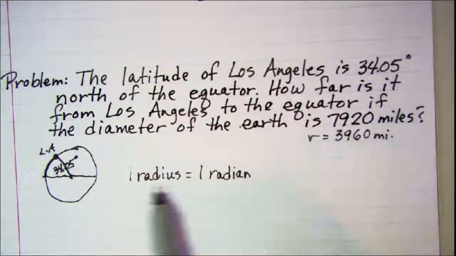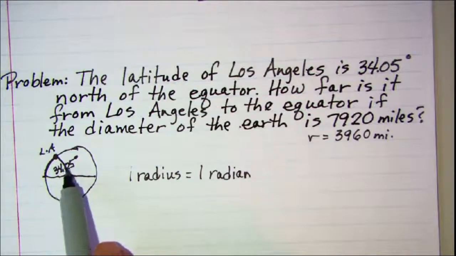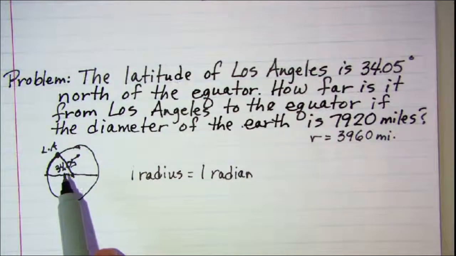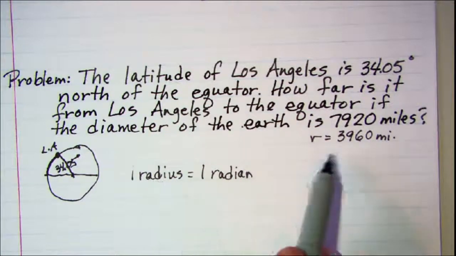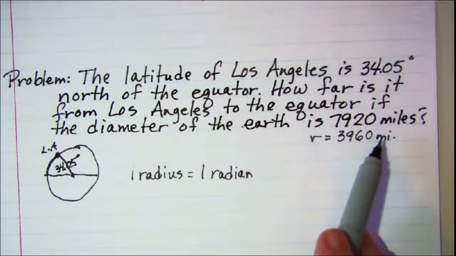So if I convert my angle, which is in degrees right now, if I convert that to radians, then all I need to do is then change it to the linear measurement in miles.